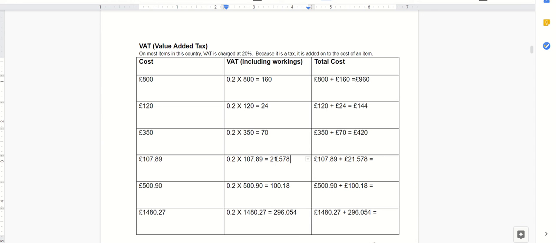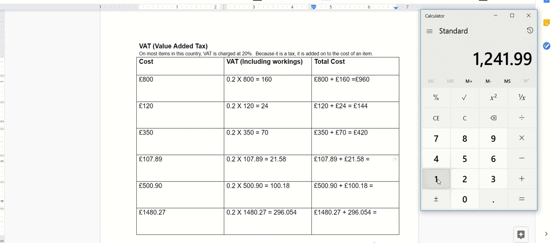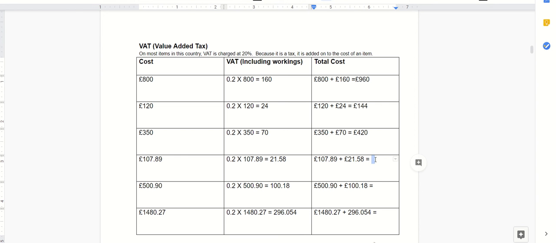So 21.578 is actually 21.58 because we're rounding up. So let's do that. Let's add 107.89 added to 21.58, and we get 129.47. So remember, you need to do the rounding up.